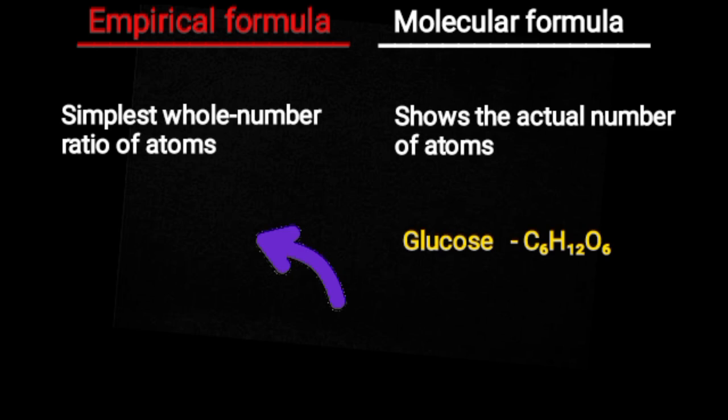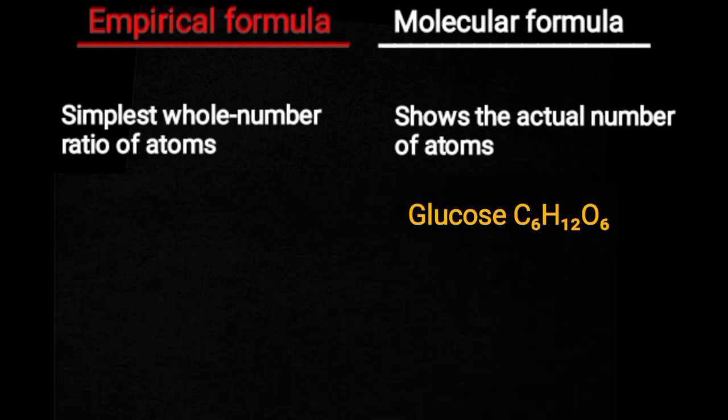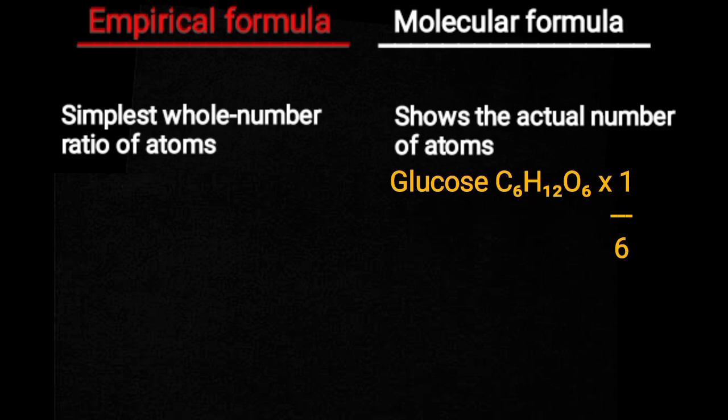That will give us the simplest whole number ratio of the subscripts in the atom. For instance, if we divide the molecular formula by 6, we are going to have C1H2O1, and that is the empirical formula.